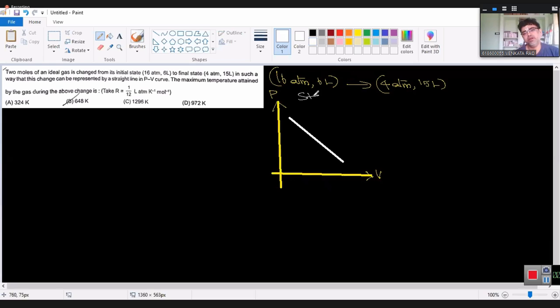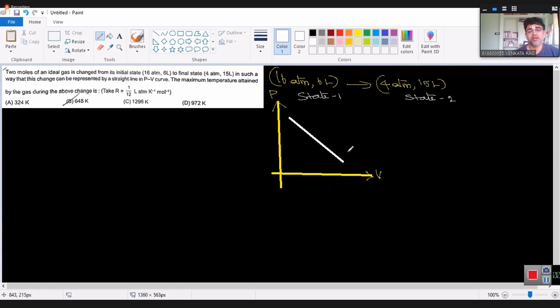Let it be state 1, initial state. Let it be state 2, the final state. At constant temperature you should get a rectangular hyperbola. Already I told you, if PV is equal to constant at constant temperature, it is called a rectangular hyperbola curve. But you are not getting a rectangular hyperbola.